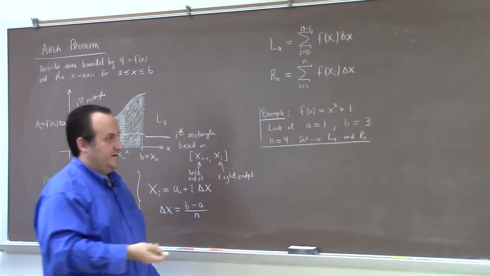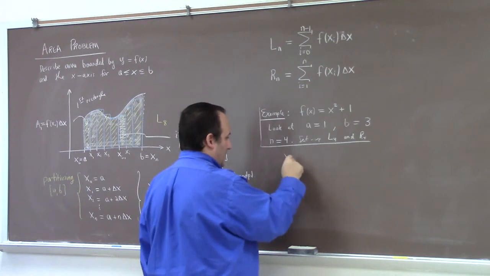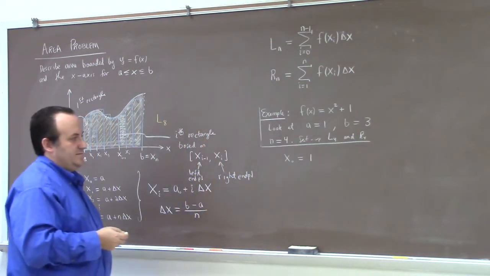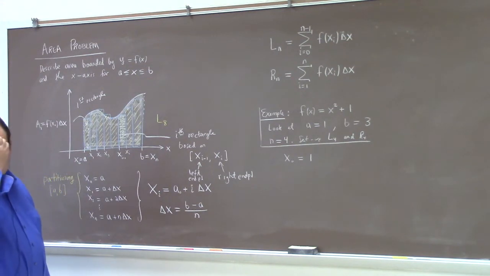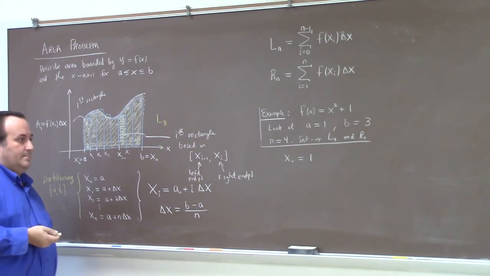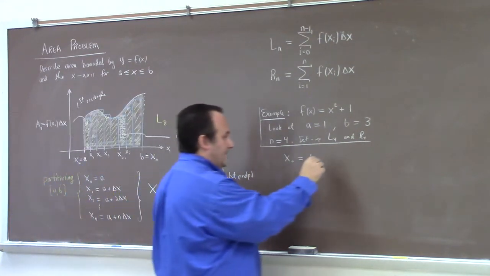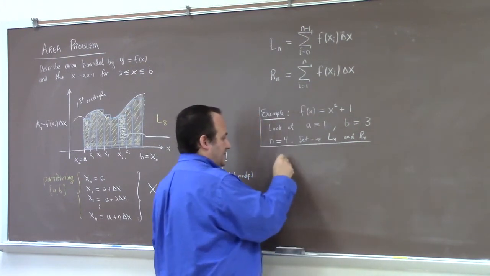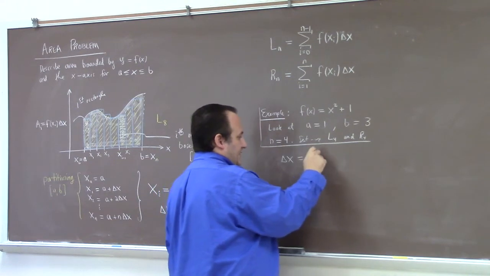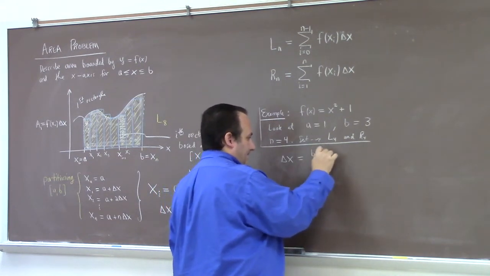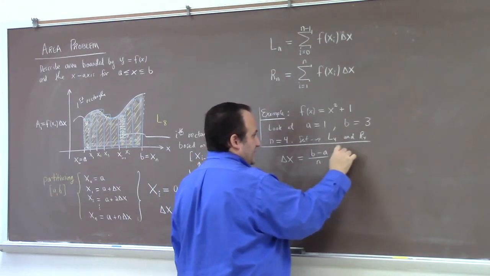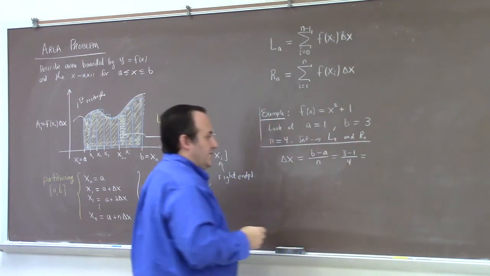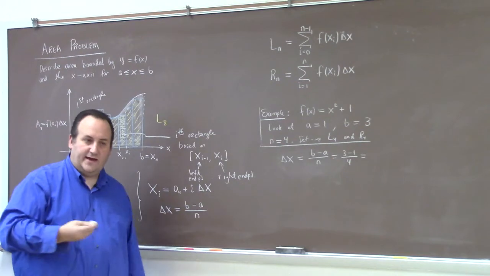So x naught here equals 1. What's delta x? I should probably have done that first. Delta x is b minus a over n, which here is 3 minus 1 over 4, 2 over 4. So delta x is 1/2.